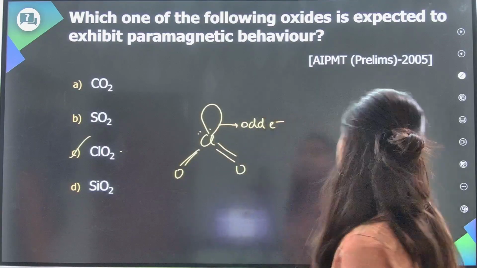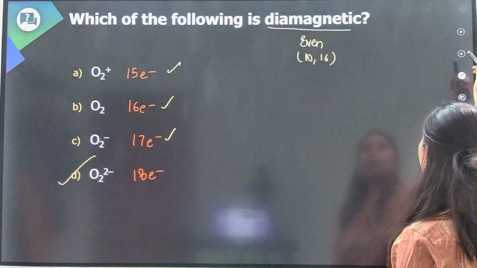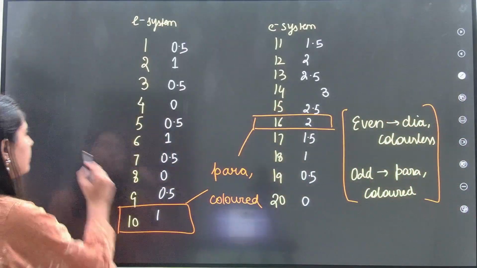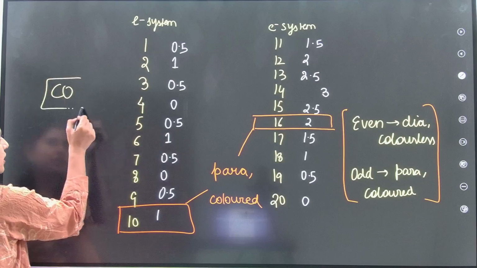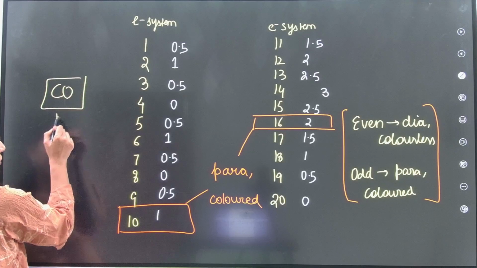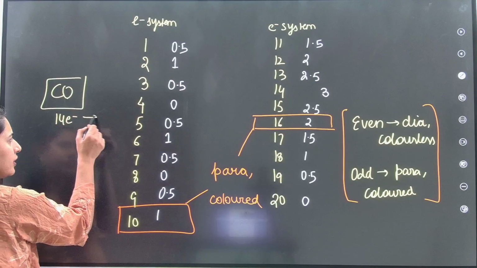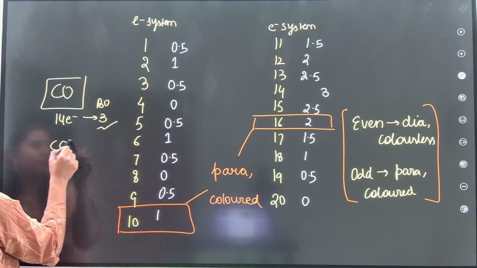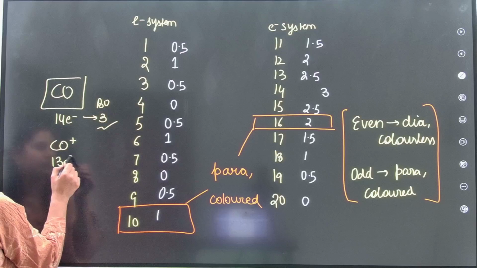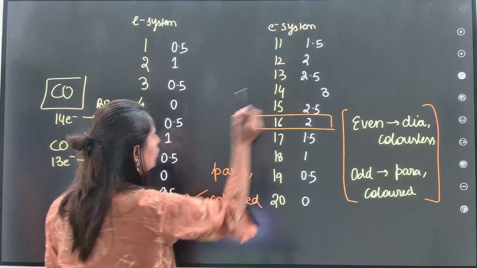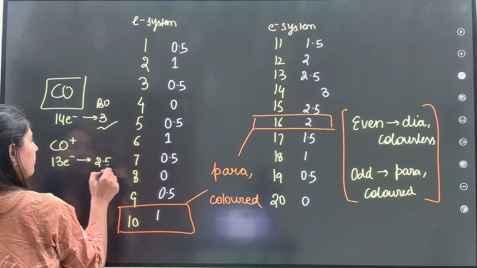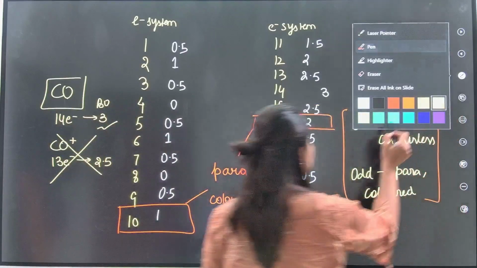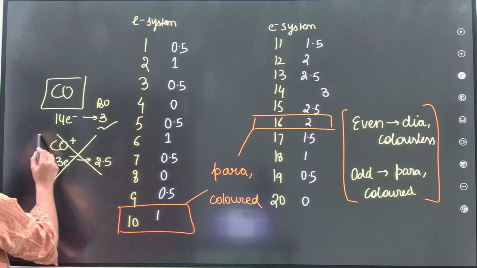Now mind you, this trick that I have taught you has another exception. The other exception is CO. Now CO has 8, 9, 10, 11, 12, 13, 14 electron system, and with this it is fine. The bond order should be 3, that's correct. But if we talk about CO+, it has a 13 electron system, so bond order should have been 2.5, right? But this is not the case. The highest bond order which has been observed is that of CO+.